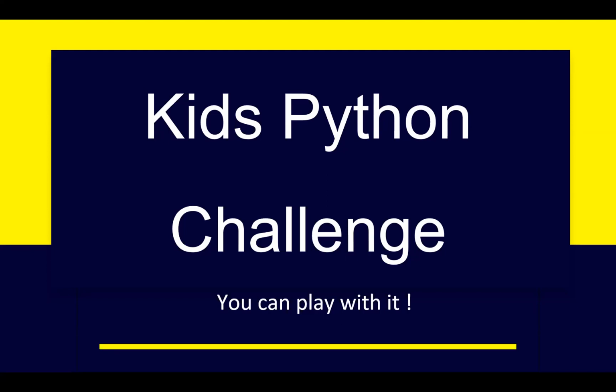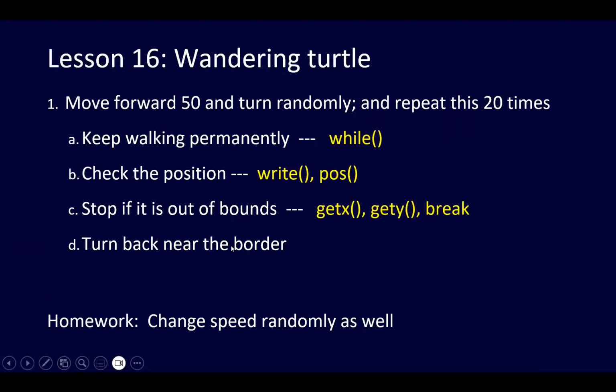Okay, let's continue. So where were we? Yeah, that was last time. Wandering turtle. We let the turtle go randomly around and then try to keep him or her within the range of the canvas as much as we can.